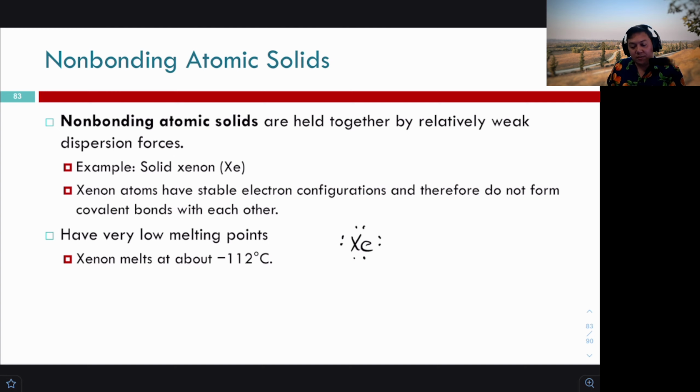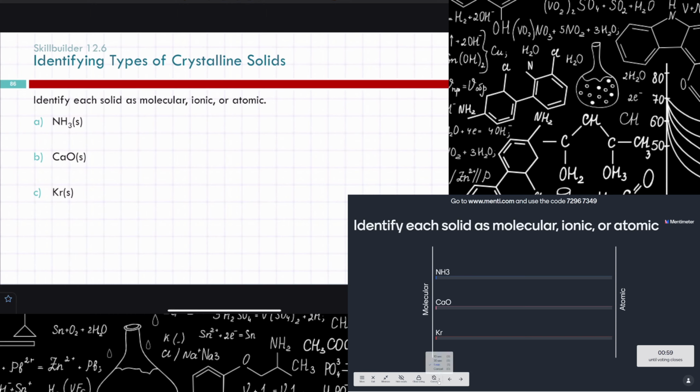All right, last Mentimeter quiz for this chapter. So we've talked about these three different types of crystalline solids: molecular, ionic, or atomic. I'm going to put a minute on the clock in a second.